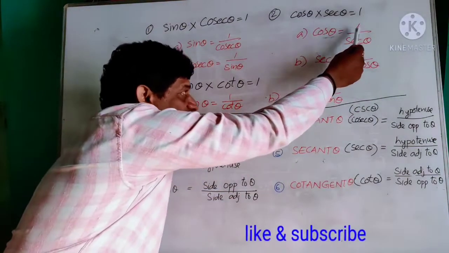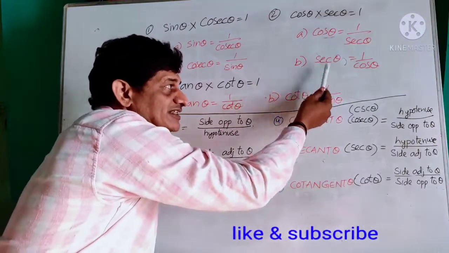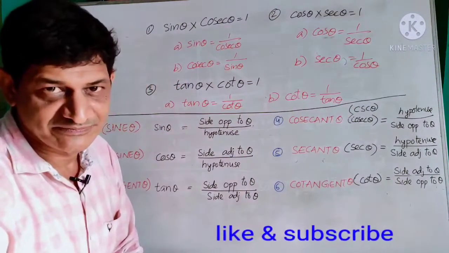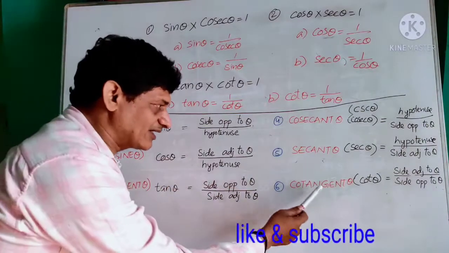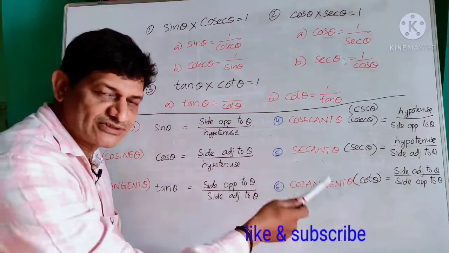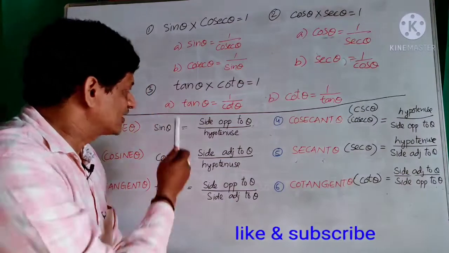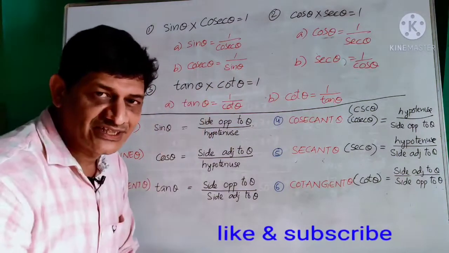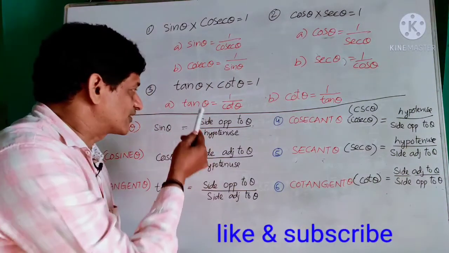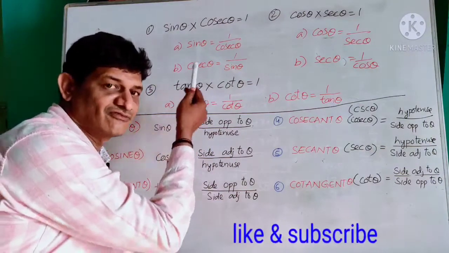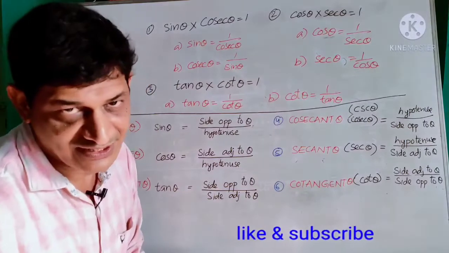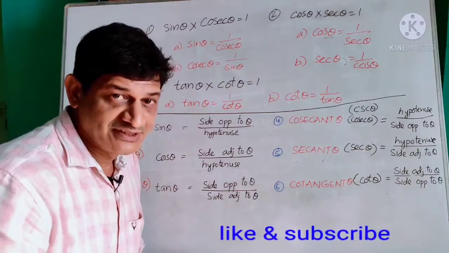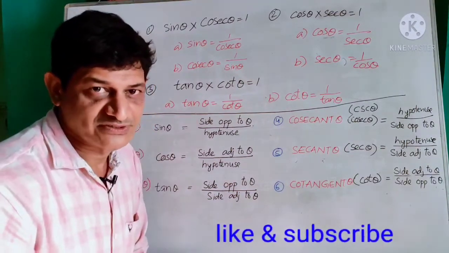So cos theta equals 1 by secant theta and secant theta equals 1 by cos theta. And finally, tan and cot are also reciprocal to each other. So their product is also 1. Tan theta into cot theta equals 1. From this, tan theta equals 1 by cot theta and cot theta equals 1 by tan theta. These are the 3 reciprocal relations. Got it?